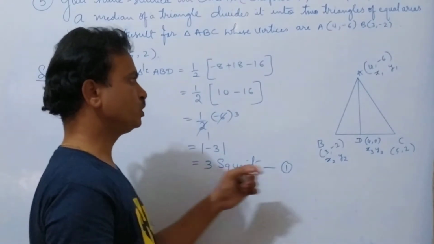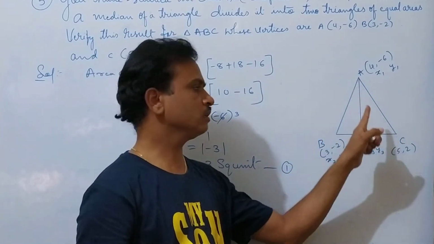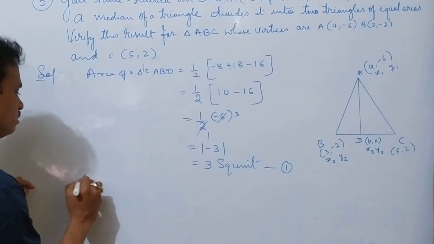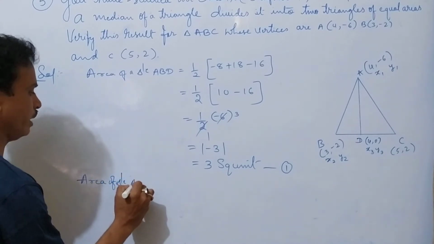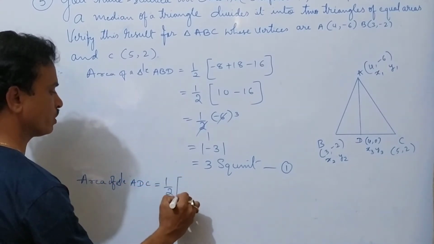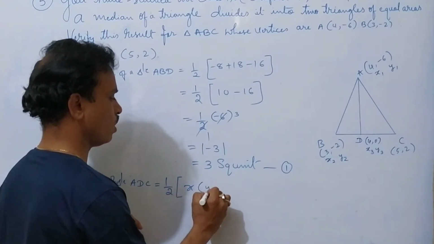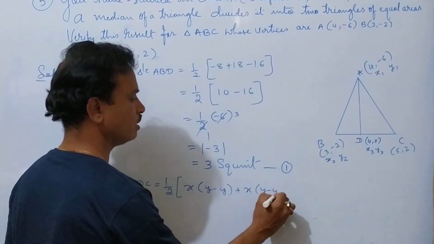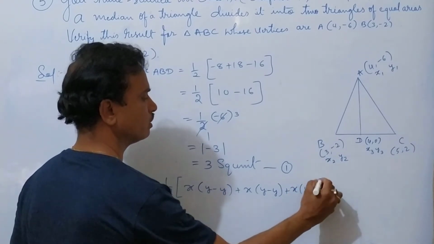Similarly, now we should find the area of triangle ADC. Area of triangle ADC is equal to 1 by 2, and the formula is x1 into (y2 minus y3) plus x2 into (y3 minus y1) plus x3 into (y1 minus y2).